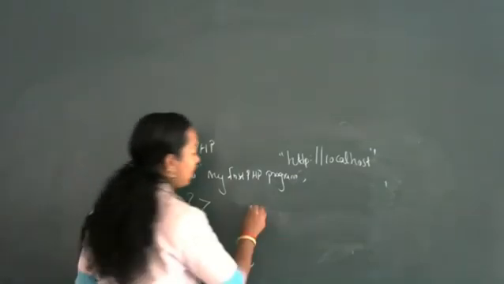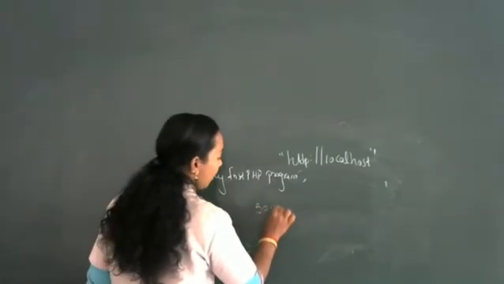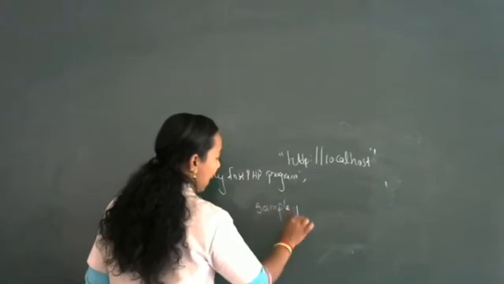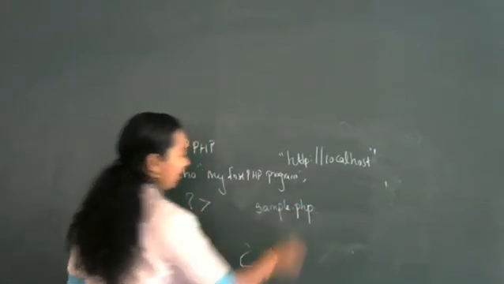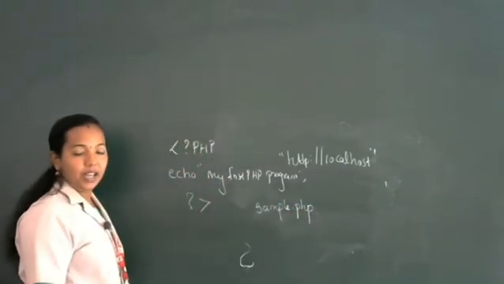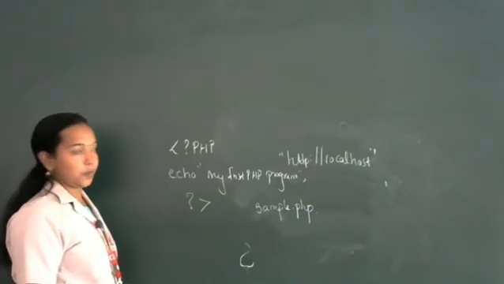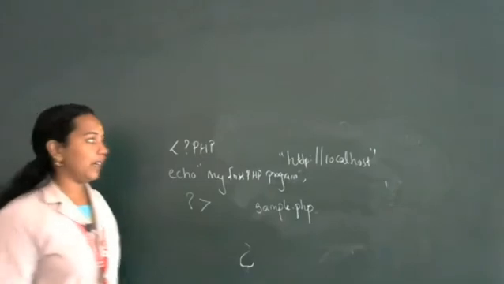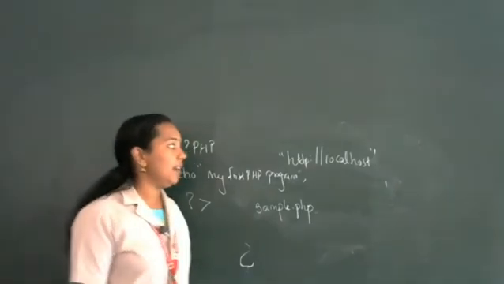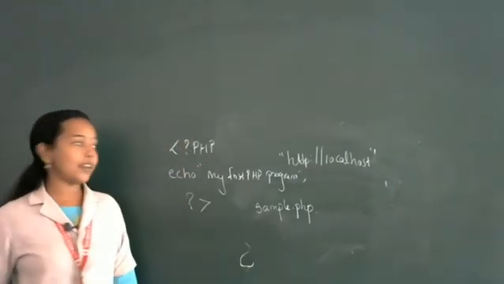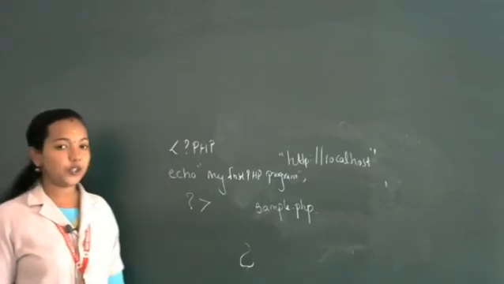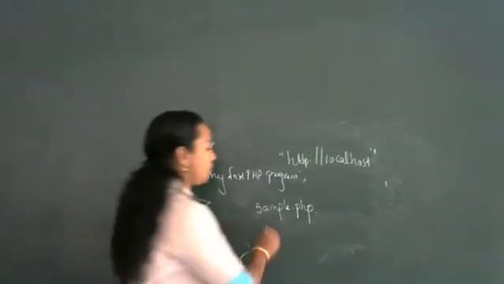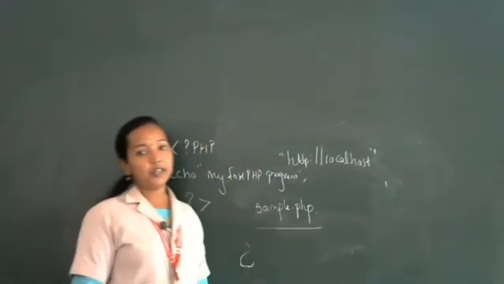After typing this, save this file with a .php extension, sample.php like that. Okay, so what will be the file name? Sample.php. So we started the web server by typing http://localhost, and after that we typed the PHP program and saved that program with the name sample.php.